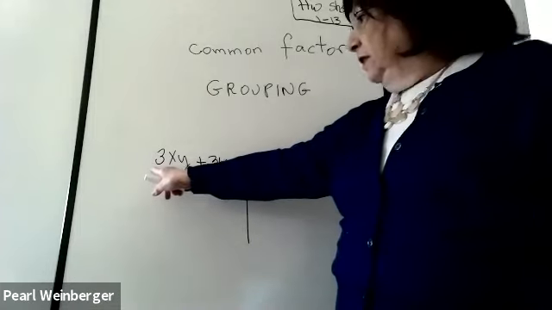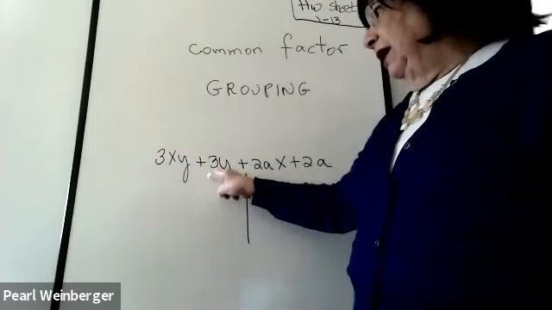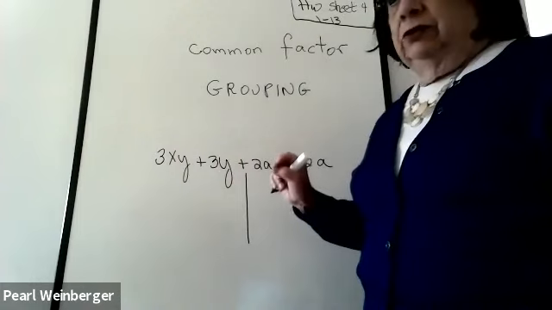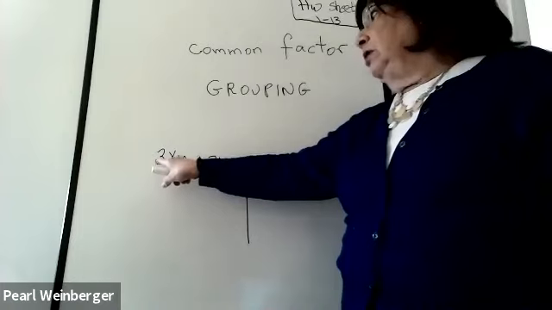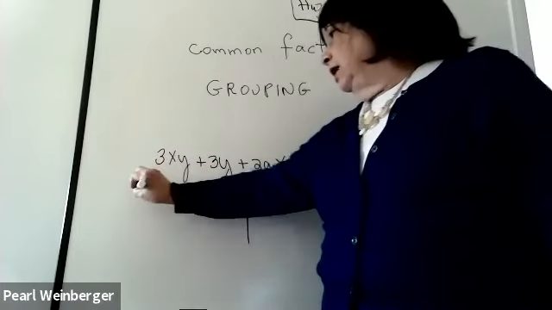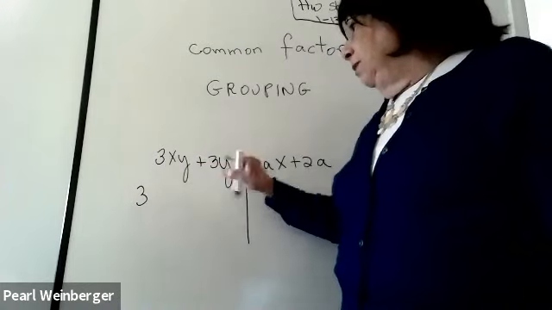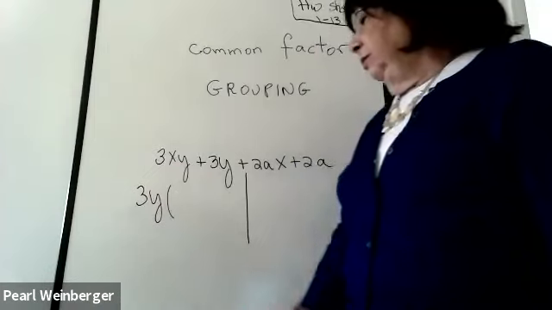Now, if I look at the 3xy and the 3y, I can find a common factor sometimes just in the 2 terms. Notice there's a 3 in both of them, so there's a 3 common factor. There's no x, but there is a y in both of them, so 3y is a common factor.